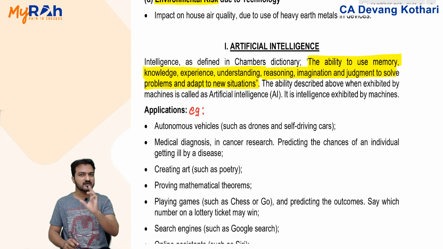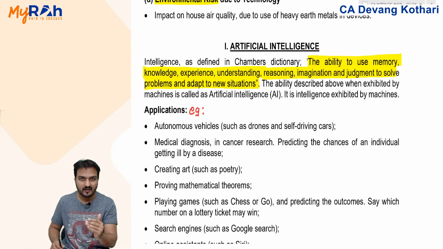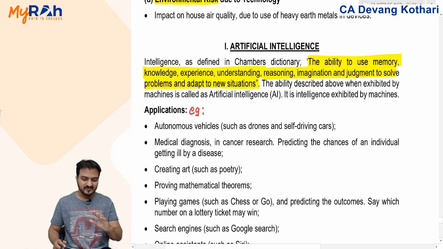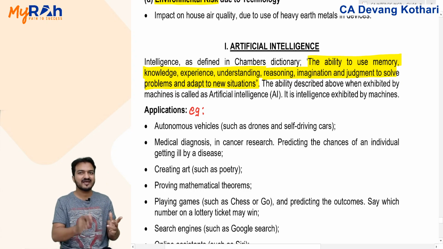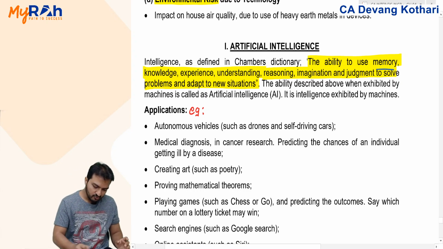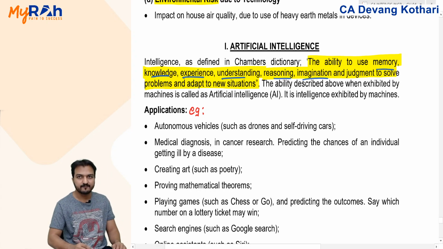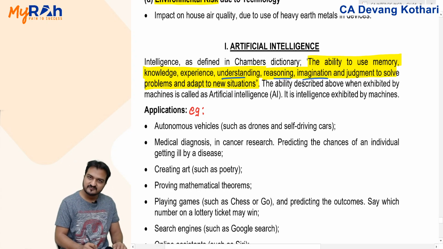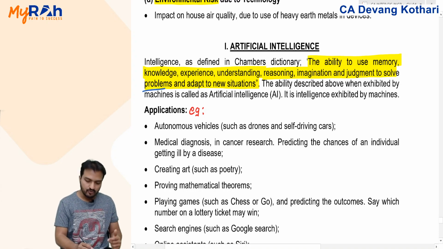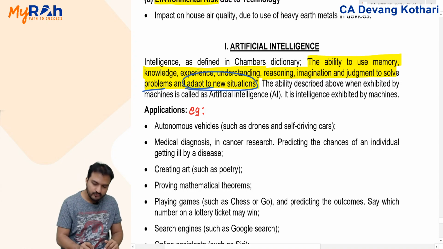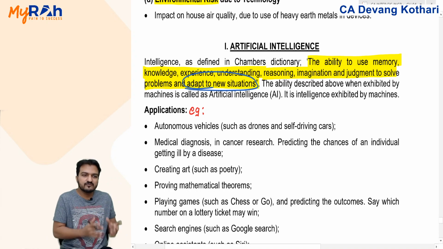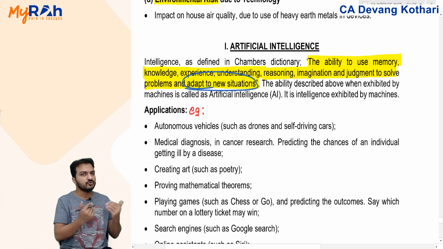Generally, computers are supposed to follow instructions. But artificial intelligence means that computers have human-like abilities to use memory, knowledge, experience, understanding, reasoning, imagination, and judgment to solve problems. They can solve problems on their own. They can even adapt to new situations. I did not program the computer for that. Still, they can adapt to new situations.